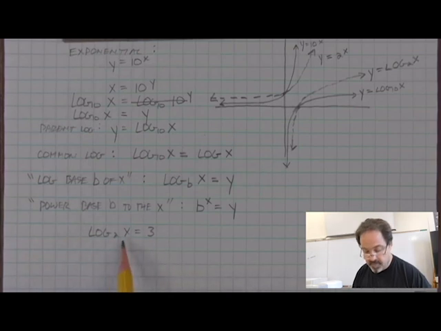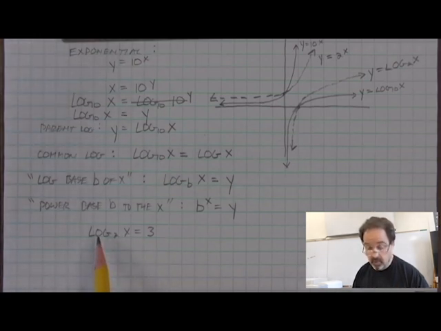Be careful, this 2 and this x are not a power. We would not read this as log of 2 to the x. That's misunderstanding the notation. This is a log base 2, and that log base 2 is being done to x.